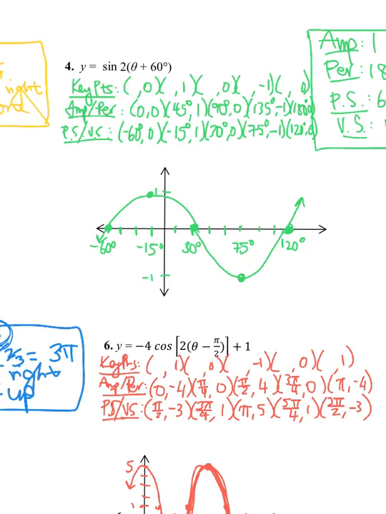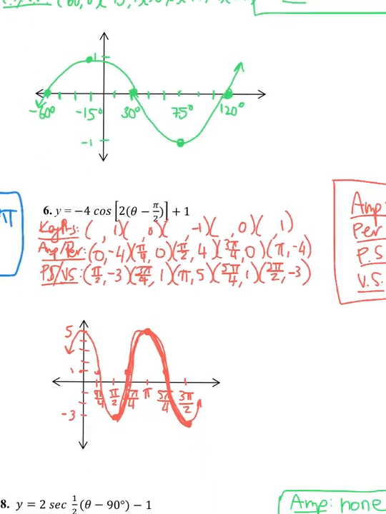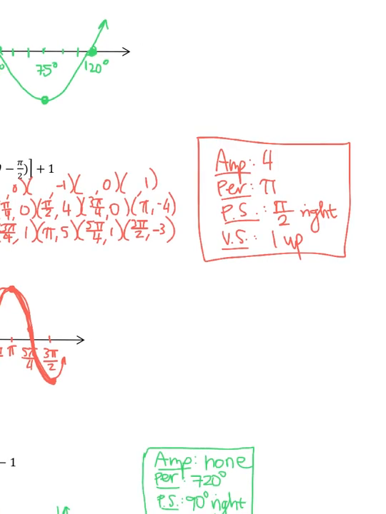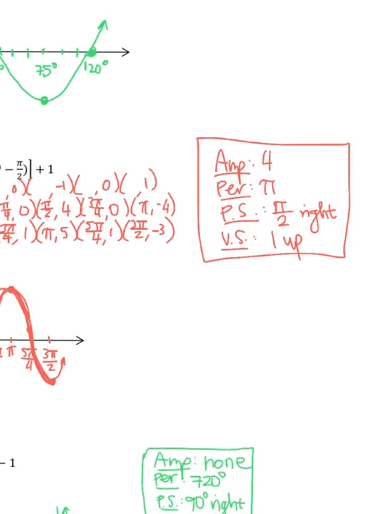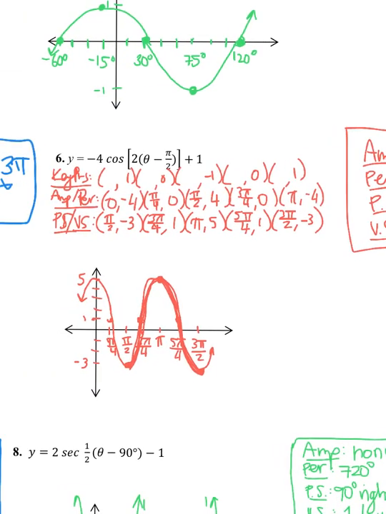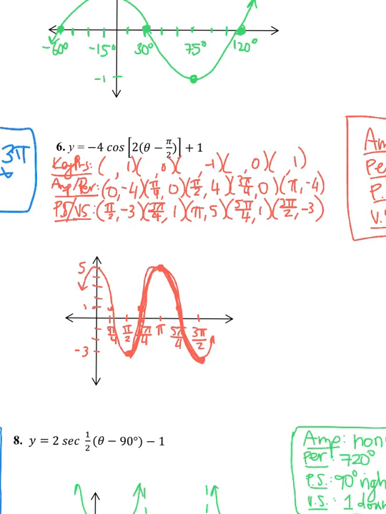And number 6, for amplitude, I got 4, period of pi, phase shift pi over 2 to the right, and vertical shift 1 up. Here are those key points, and there's my graph. And I darkened the part that represents the key points.